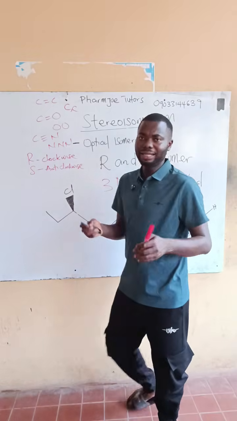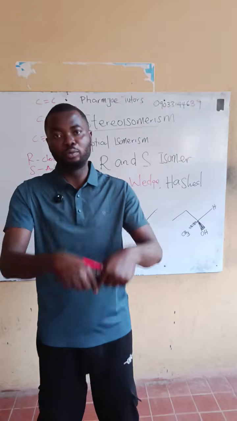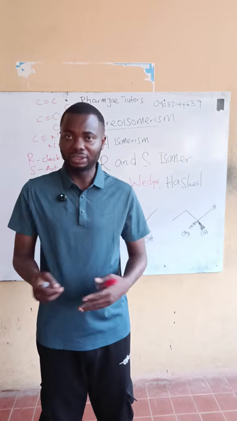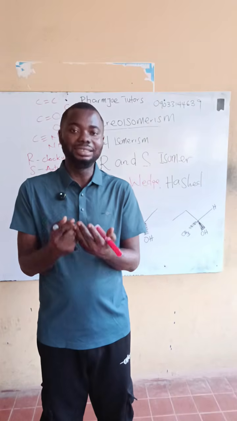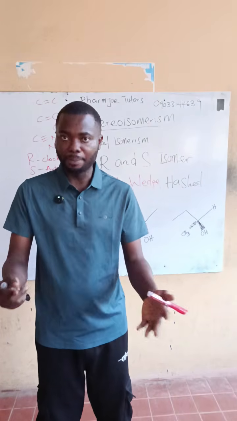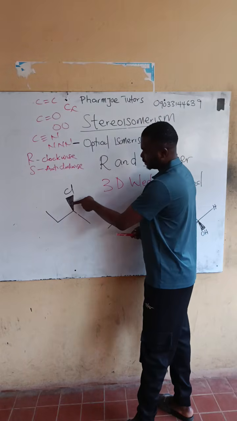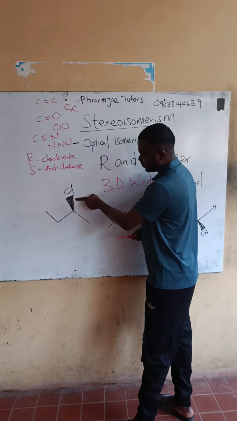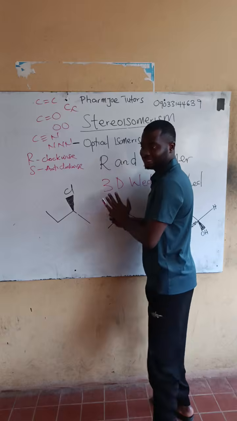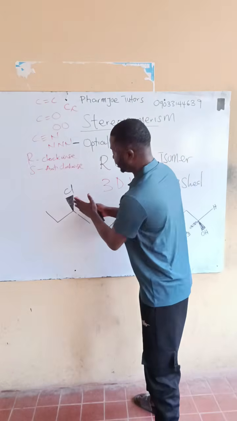Is that okay? So anytime you see wedge, just know that that molecule must also have hash, because we are indicating the 3D structure of that molecule on a paper or a board. Now, for example, we can see that this is having wedge. Because it's having wedge, wedge means that this chlorine is pointing towards you.